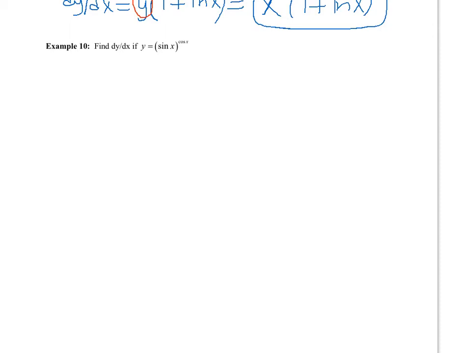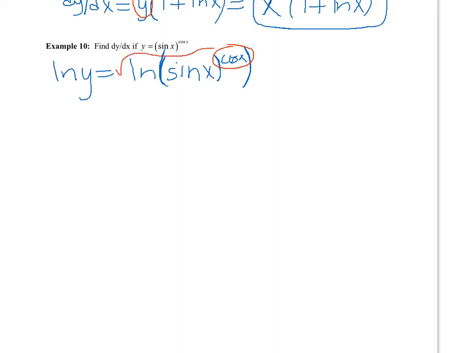First thing first, take the natural log of both sides. So it will say the natural log of y equals the natural log of the sine of x raised to the cosine of x. And again, that's the whole purpose of taking the log of both sides, because the argument of a logarithm has an exponent, and we can bring that down to the front.